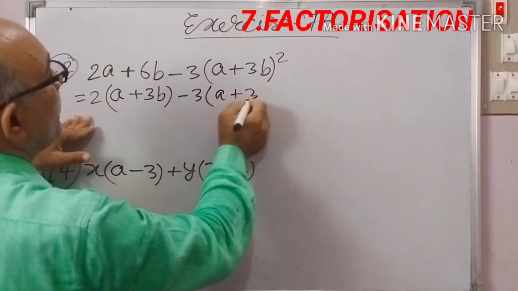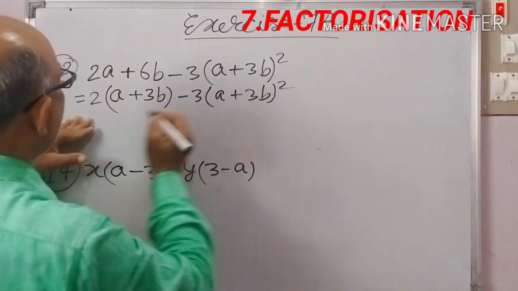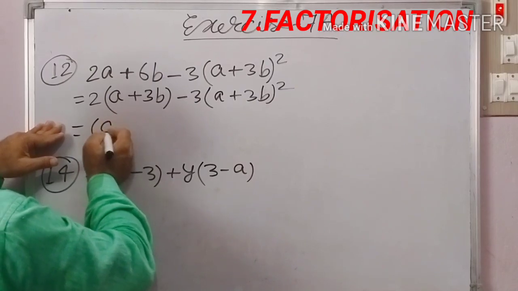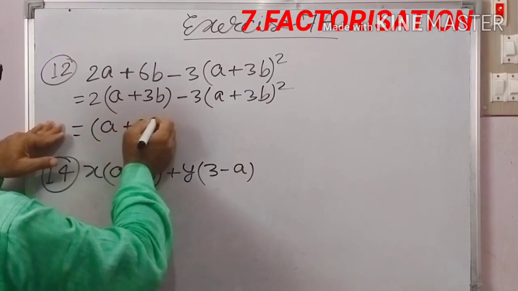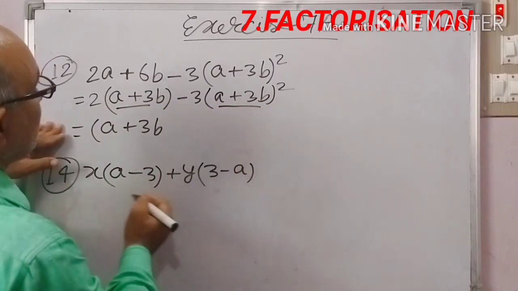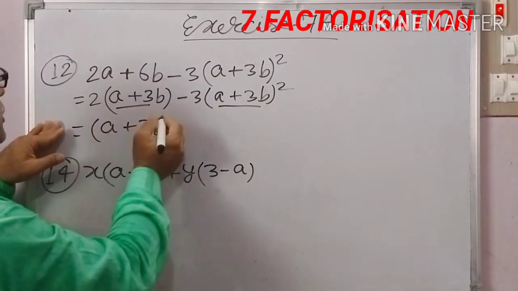whole square of a plus 3b equal to, now common is a plus 3b. a plus 3b is here and in this term also a plus 3b. Now a plus 3b is common.